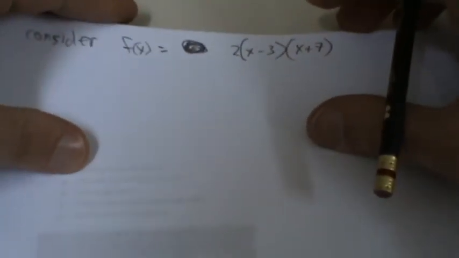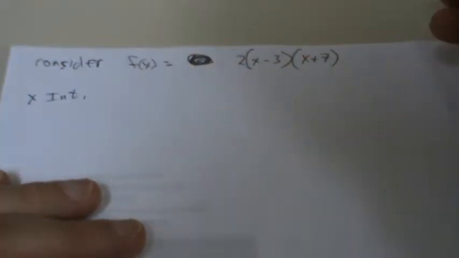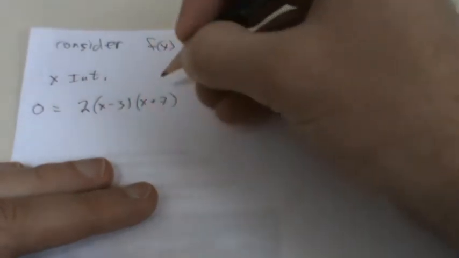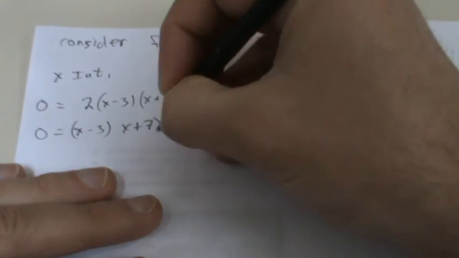So, in factored form, we can find the x-intercepts by setting y equal to 0. Okay. If I divide by 2, I get 0 is equal to x minus 3, x plus 7, product of.